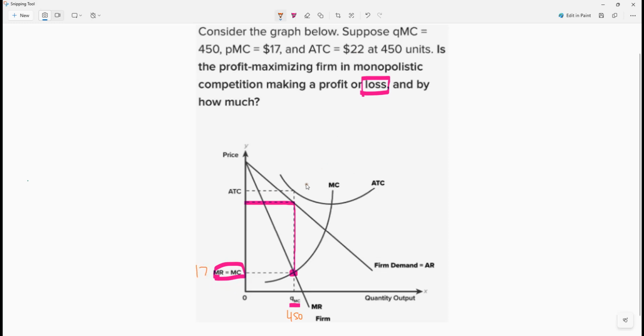And then average total cost at 450 units, all the way up here, is $22. This must be an error. This must not be what that means. Right here, price at marginal cost for profit maximization probably is going to be right there, 17. So the difference here to here is going to be $5.